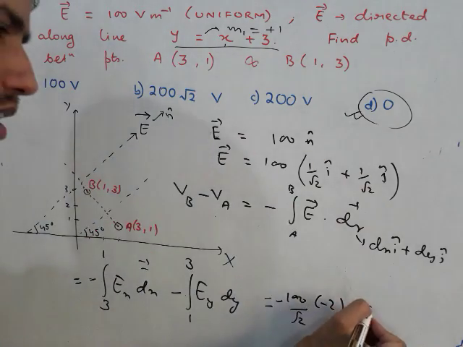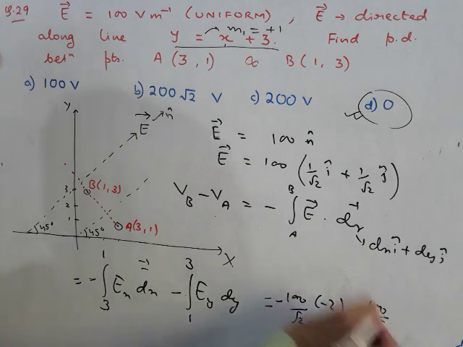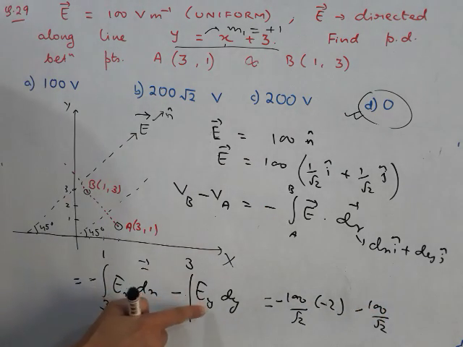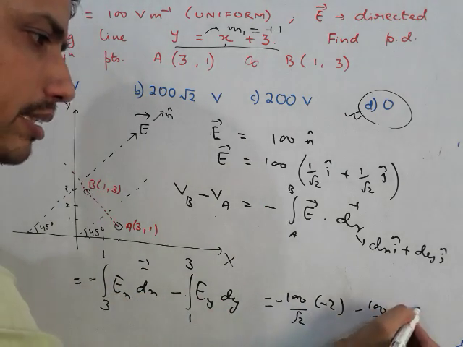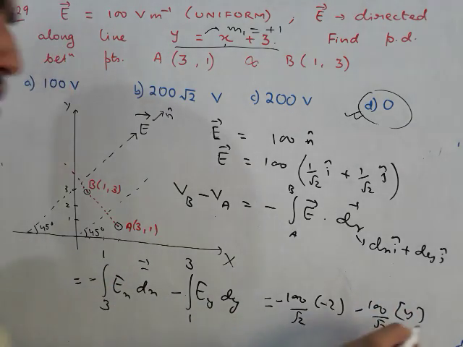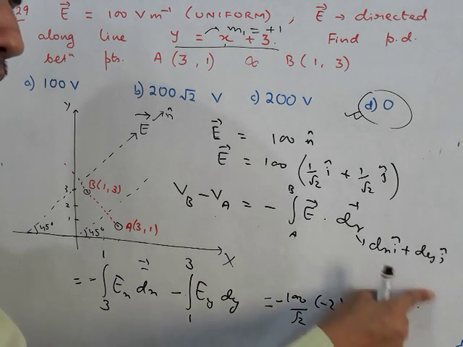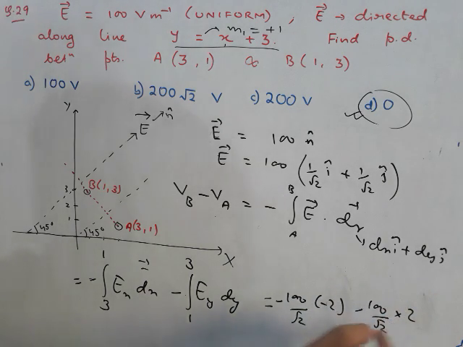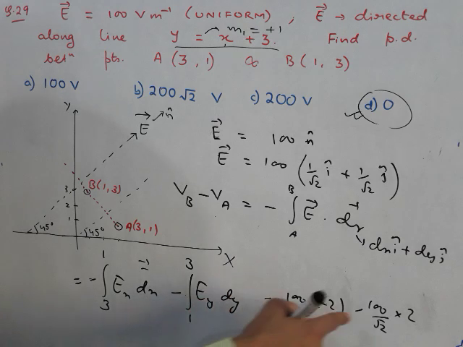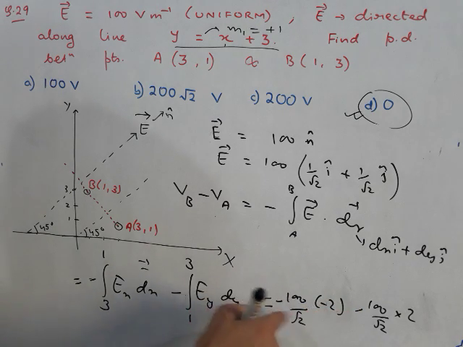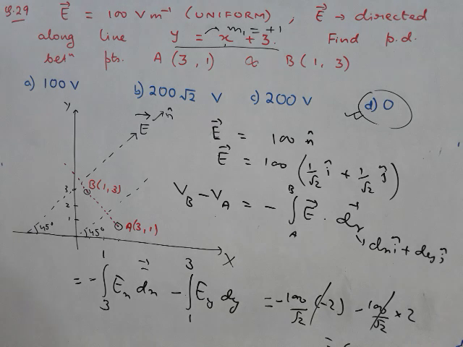Ey is also how much? 100 upon root 2. Integration of dy is how much? y, from 1 to 3. So this becomes how much? 3 minus 1, that is 2. This is minus, this minus minus becomes plus, and this is minus, so these two will cancel and you will get a 0. So this is a general method, students.